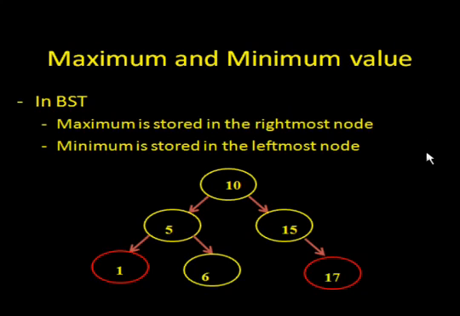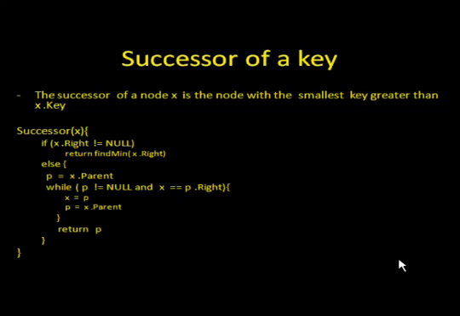Here's a property for you. If you're looking for the maximum and minimum value of the tree, obviously the maximum would be stored in the rightmost node, and the minimum would be in the leftmost node. Now, if you're looking for the successor of a key, or the successor to a node, what does that mean?